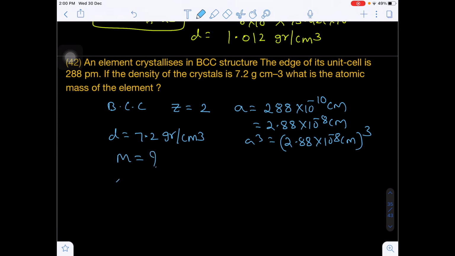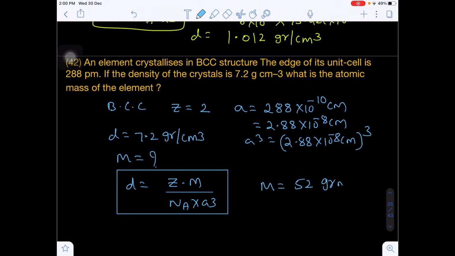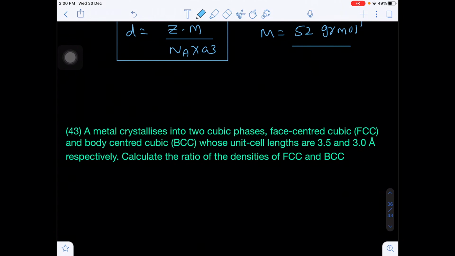So density D is equal to Z into M divided by Avogadro constant into volume of the unit cell. Here, except molar mass, all the values we know. By replacing all the values, you will get the molar mass of the element will be 52 gram per mole. Okay.